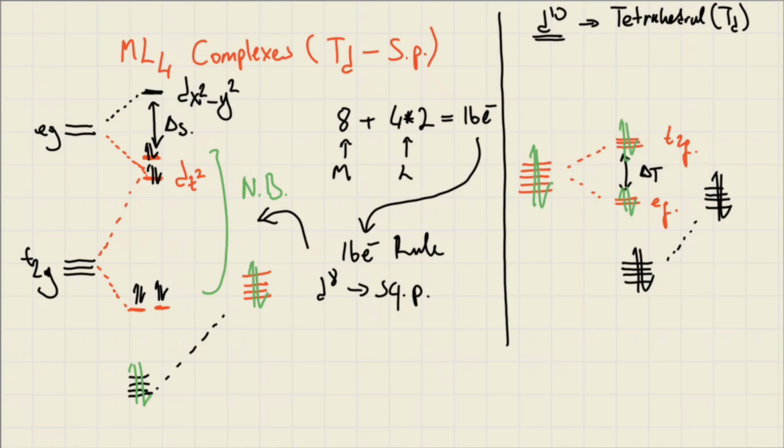Therefore it is D10. So 5 times 2 comes from the metallic center, and we have 4 ligands. It causes the occurrence of again the 18 electron rule. So tetrahedral complexes can occur for the D10 systems, and the splitting is very low. Therefore all complexes are high spin.